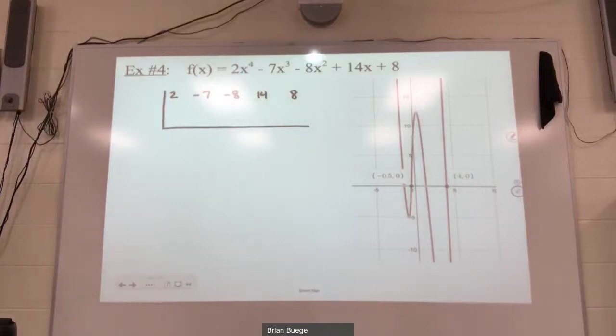I'll tell you, it does not matter which zero you pick off the graph and start with. In the end, you'll be in the same spot. Go ahead and try it, see what you get.